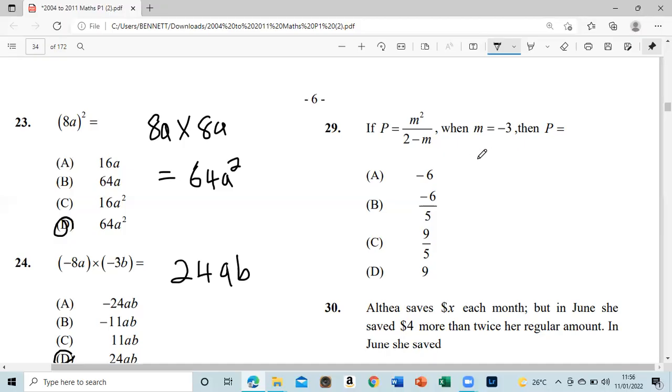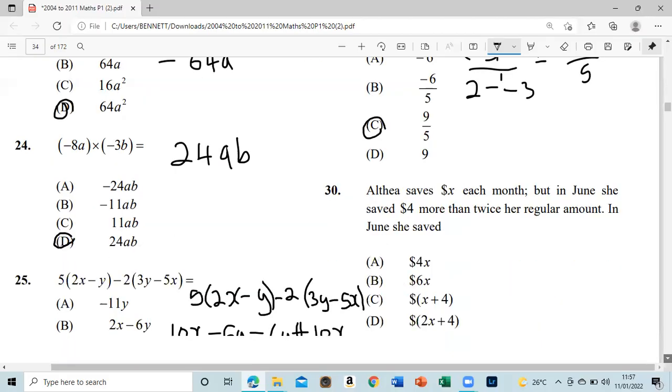So m is equal to negative 3, so that's negative 3 squared. I'm not going to write it over. And then 2 minus m. But m is minus 3, so you put the minus. So negative times a negative would give us positive, so that's positive 9. Any number squared is always positive. And then this is going to become a plus, so 2 plus 3 is 5. So that's 9 over 5 for C.